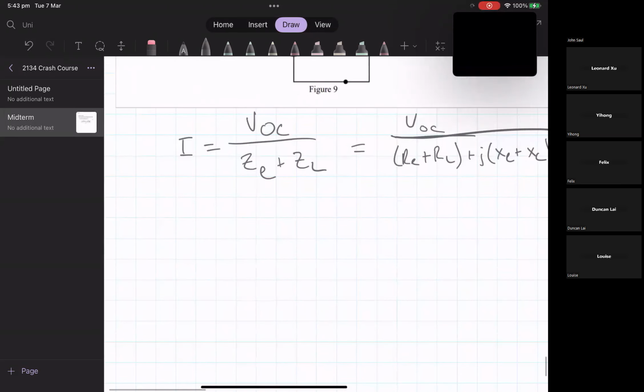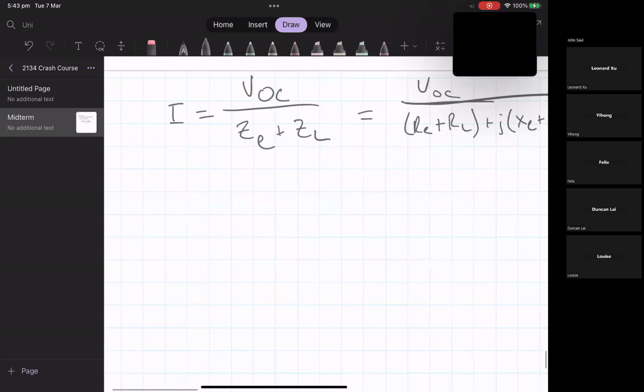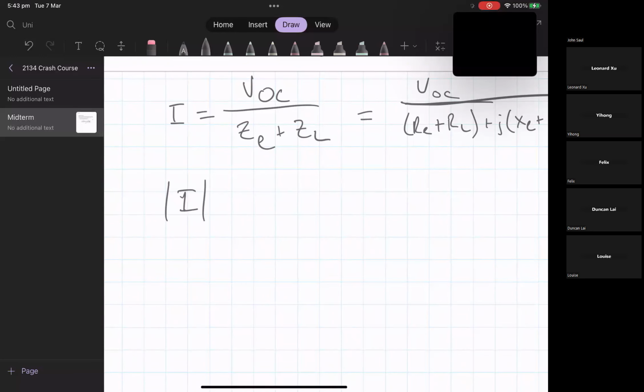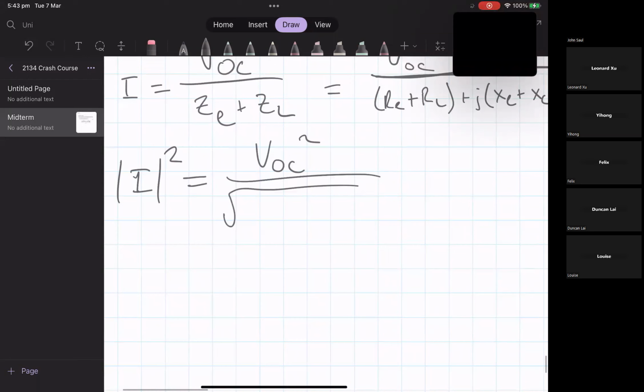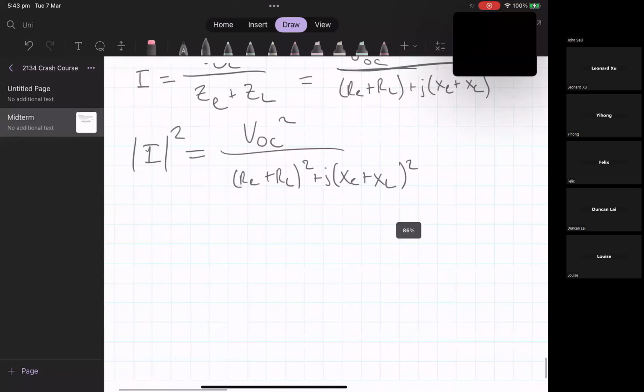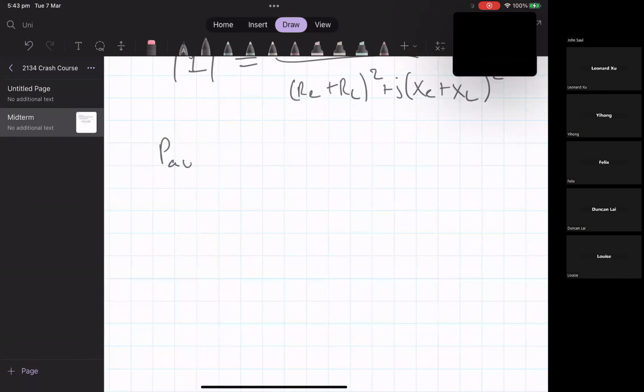Then we want to find the magnitude of this current because we're going to be using the average power formula. So we'll square it. We can then use this value in our average power theorem.